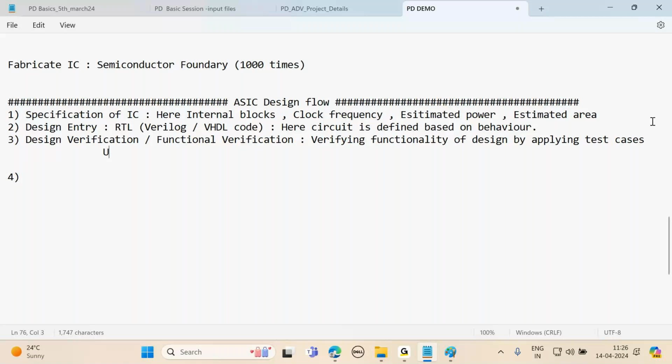In this case, you should mainly know Verilog and SystemVerilog. So this is only verifying the design, but in what form is the design? RTL. So RTL has the design in the behavioral form. Correct?